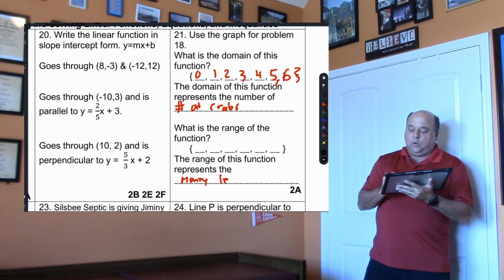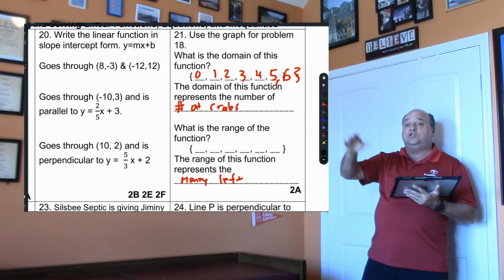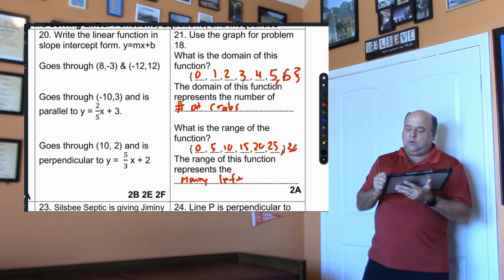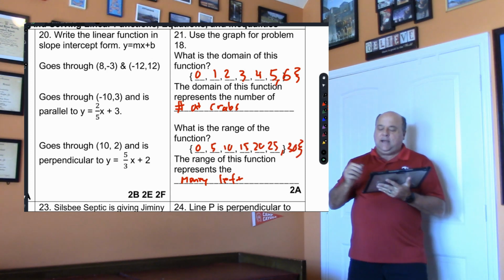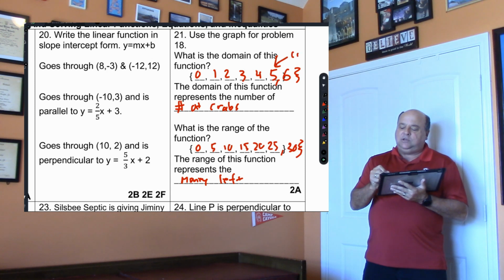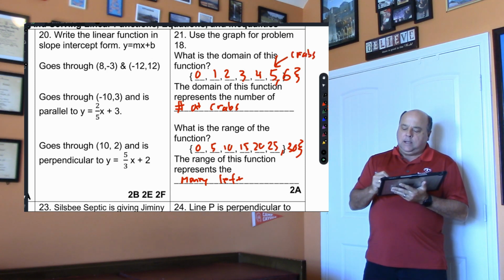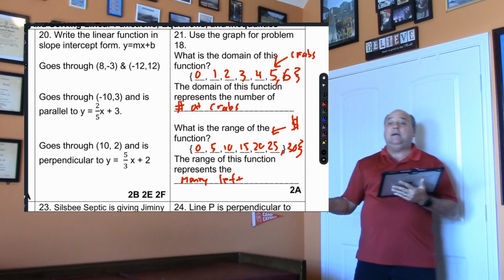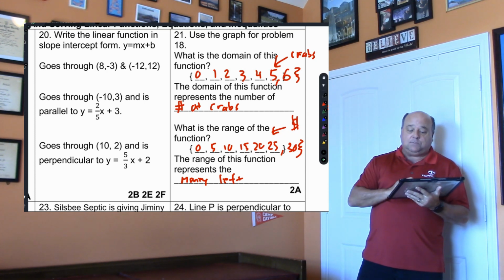They start off with what, 30? But remember, you always go small to big. So we're going to do 0, 5, 10, 15, 20, 25. We need one more number, 30. So my domain is the number of crabs, and the range is the money. So the domain tells me how many crabs I could get. The range tells me how much money I have.